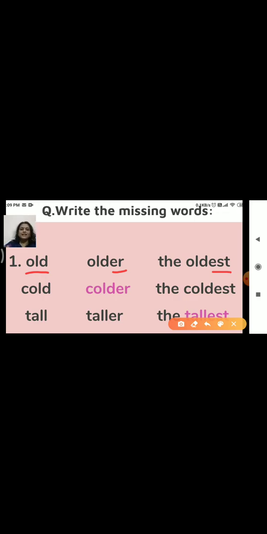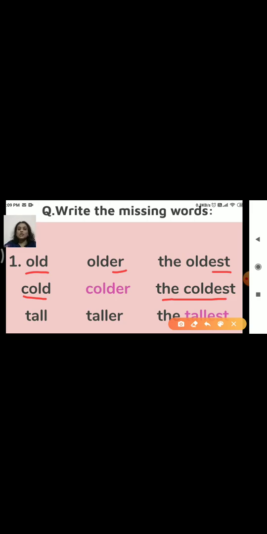Followed? Then the second one, cold. Now in your book it is dash there and then it is written the coldest. Cold, dash, the coldest. Now this means we have our positive degree, cold, and we also have our superlative degree, that is the coldest.